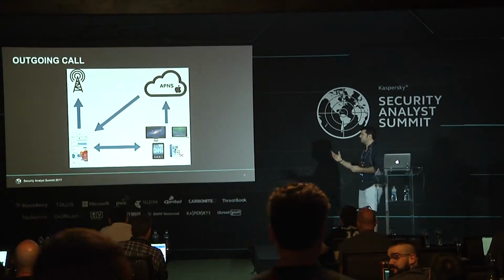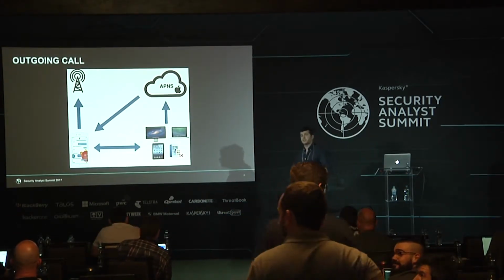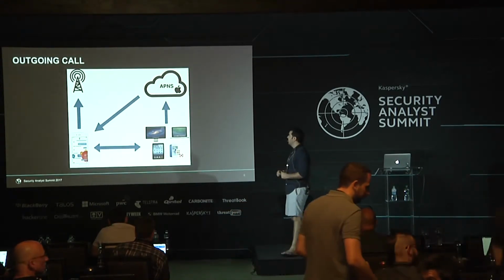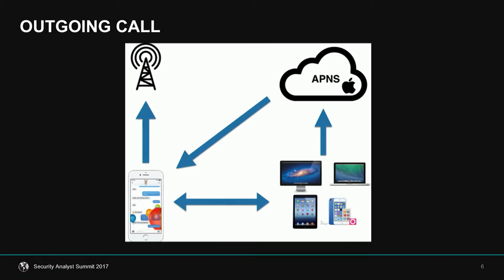So basically, this is pretty much it. This is the example of me taking my MacBook Pro and making an external call. Again, the devices need to be on the same Wi-Fi. That means the iPhone needs to be on the same Wi-Fi as my MacBook Pro, for example. What will happen is, when I make a call, my MacBook Pro is going to send a push notification to Apple saying, hey, I want to make a call.